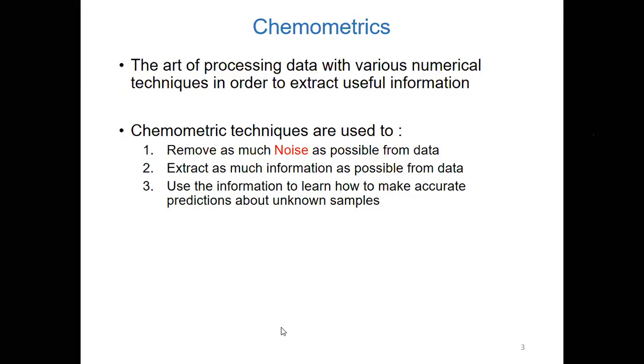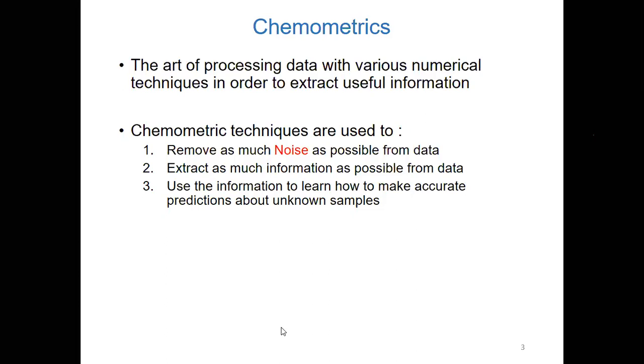For example, these chemometric techniques are used, first, to remove as much noise as possible from data. When we collect a set of data, it has not only the data but also some background noise and instrumental noise. Therefore, with the available set of data, we have to eliminate some noise from the data. In order to do that, we have to use some chemometric techniques.